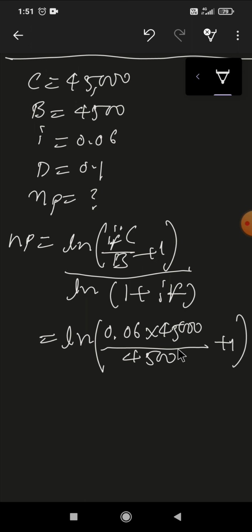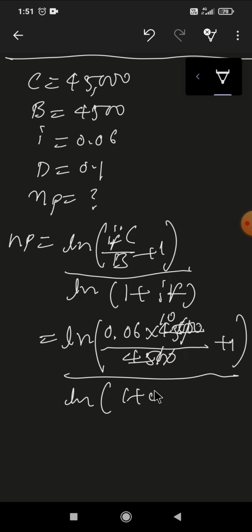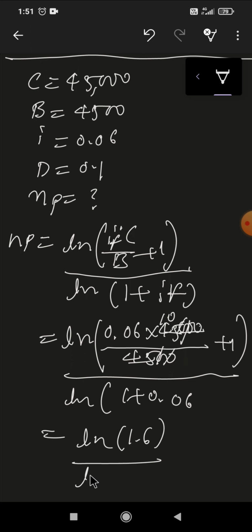So 0.06 into 10 is 0.6, plus 1 is 1.6. This will be divided by ln of 1 plus 0.06, that is ln 1.06. So ln 1.6 divided by ln 1.06, and the answer will be equal to 8.066.